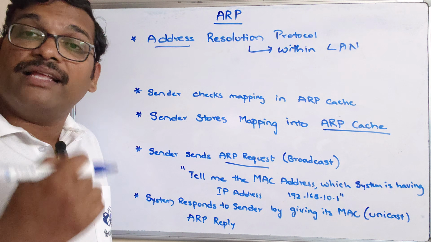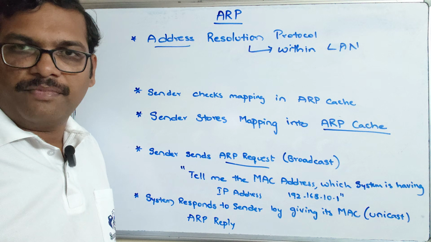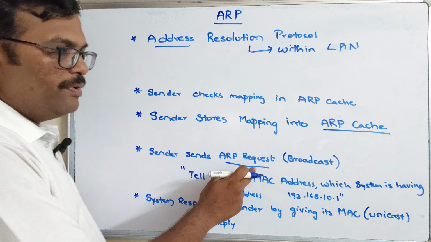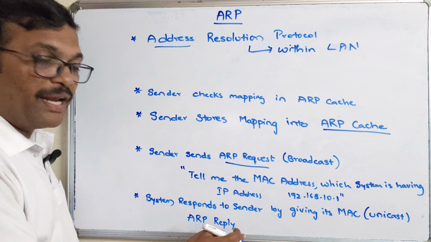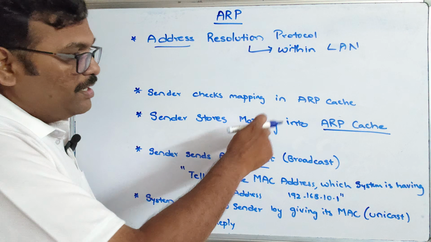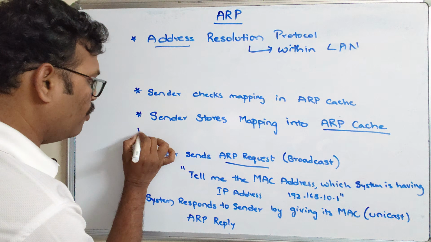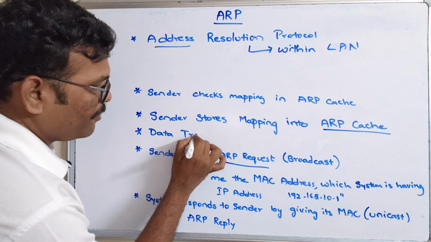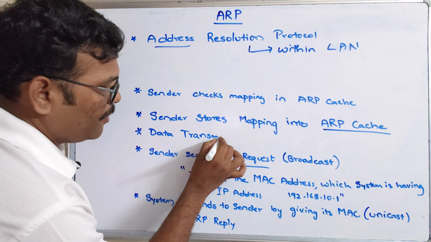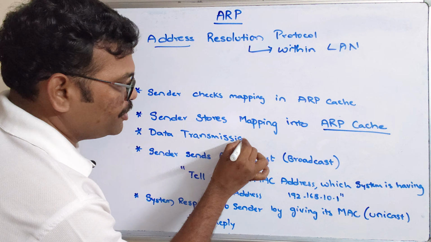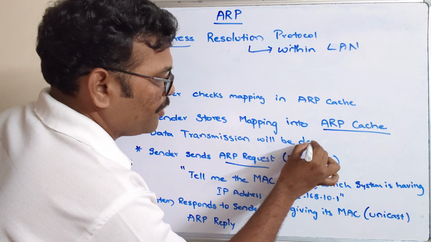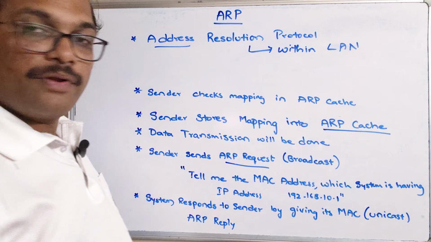If it is there, directly the data will be sent to the destination. If it is not there, then the ARP request will be sent, and then ARP reply will be there, and then the mapping will be done, and now data transmission will be done. Now the data transmission will be done. Okay, right?